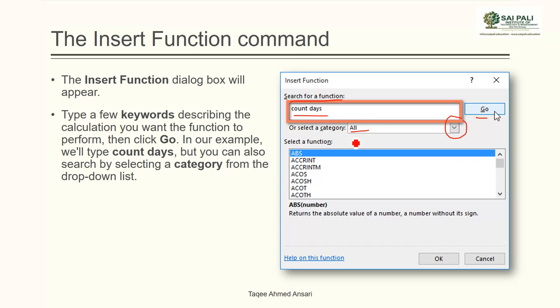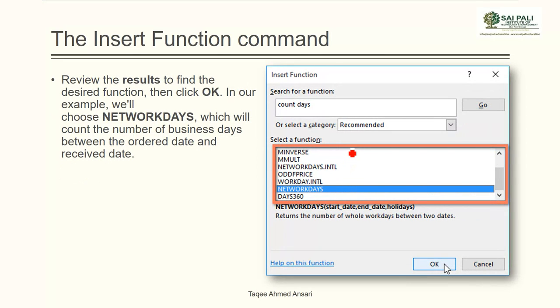Now when you type some keywords, it will give you a result with some functions around them. Then, instead of going through all the functions, you can only look at those functions which it shows here.